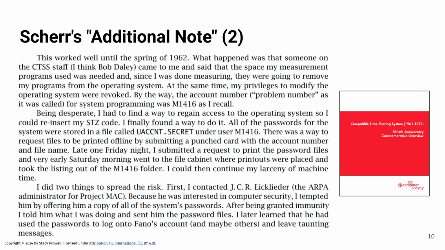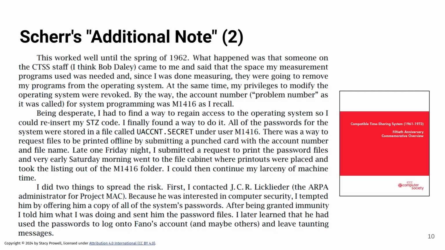Now, this is the part I think is delightful. This is what changes it from just being I found a way around the system because I had to do my work into an actual computer science student, and I would have given him the Grace Hopper Award for this part alone. I did two things to spread out the risk. First, I contacted JCR Licklider.